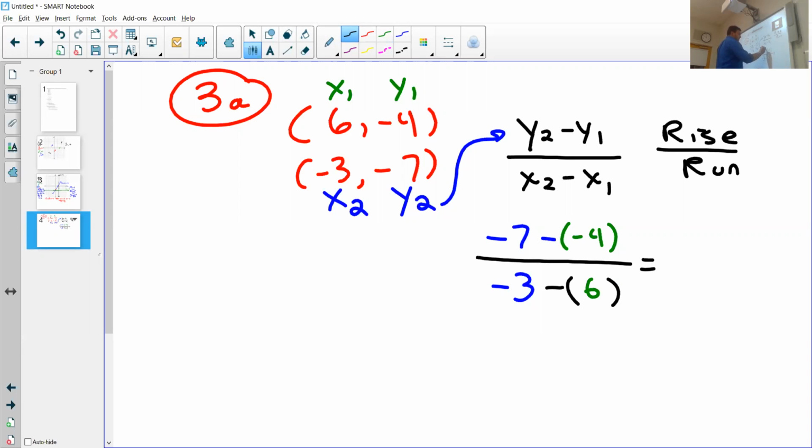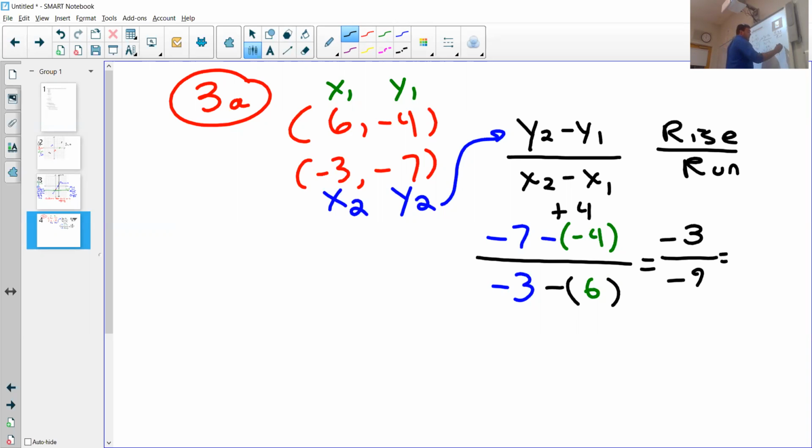On the top here, double negative makes it a positive, so that's +4. -7 plus 4 ends up being -3 on top. Over here, -3 minus 6. That's going to become a bigger negative, so you're going down the line. That's going to be -9. So I'm going to get -3 over -9.